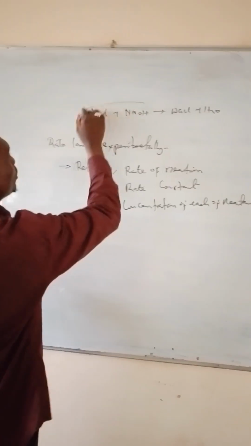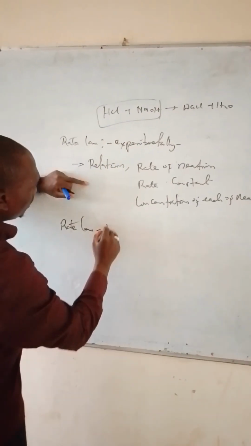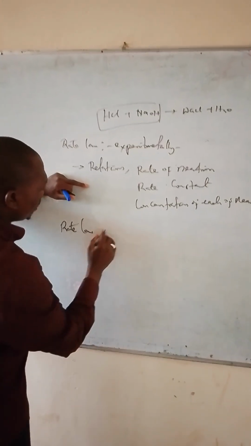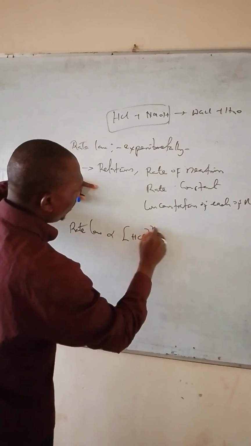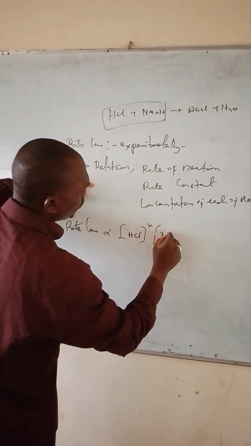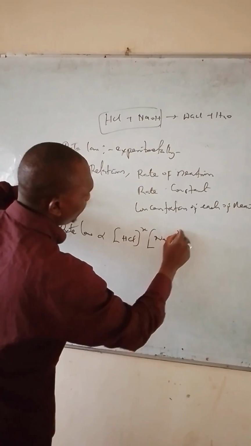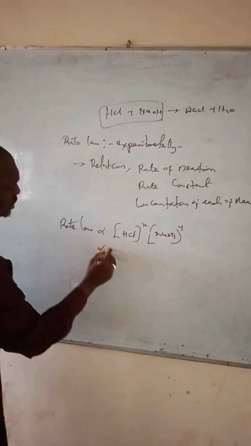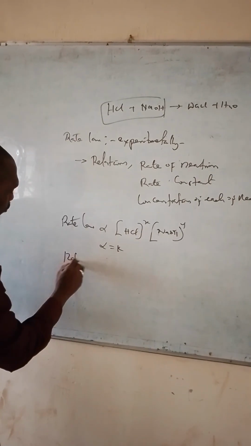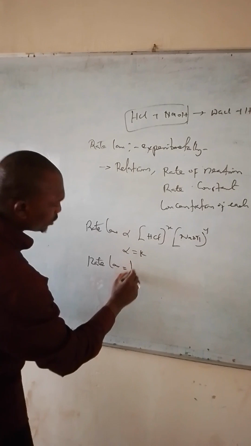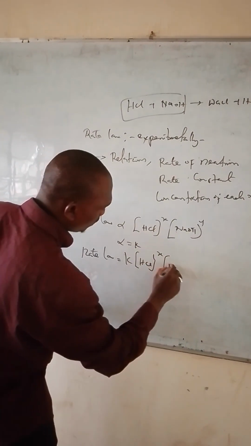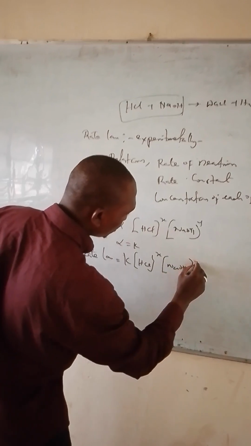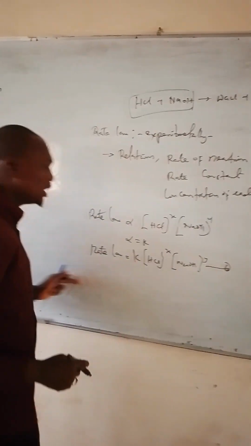To write the rate law for this, we have rate proportional to HCl to the power X, then sodium hydroxide to the power Y. Remove the proportionality and we put K. So rate law equals K [HCl]^X [NaOH]^Y. This is all about the rate law.